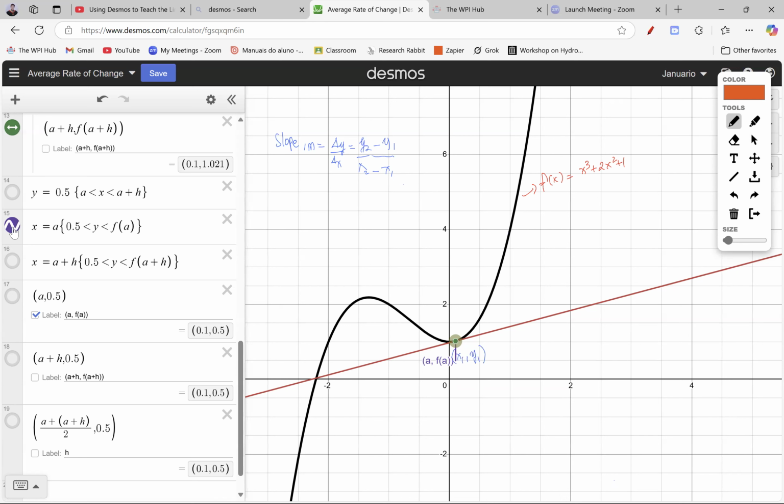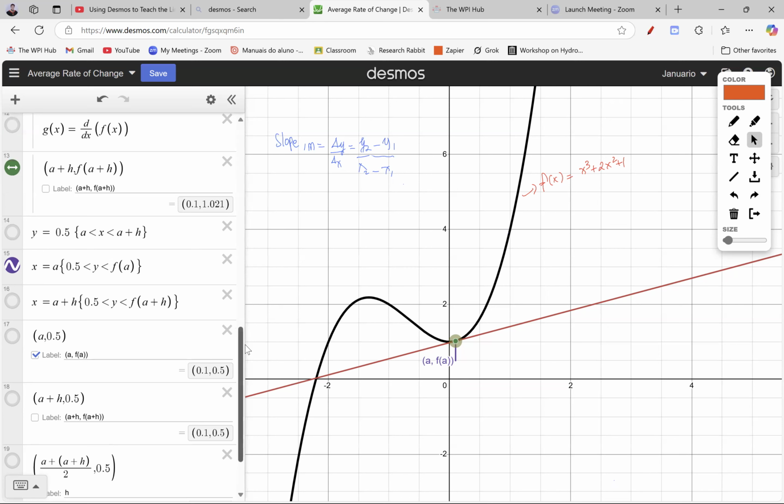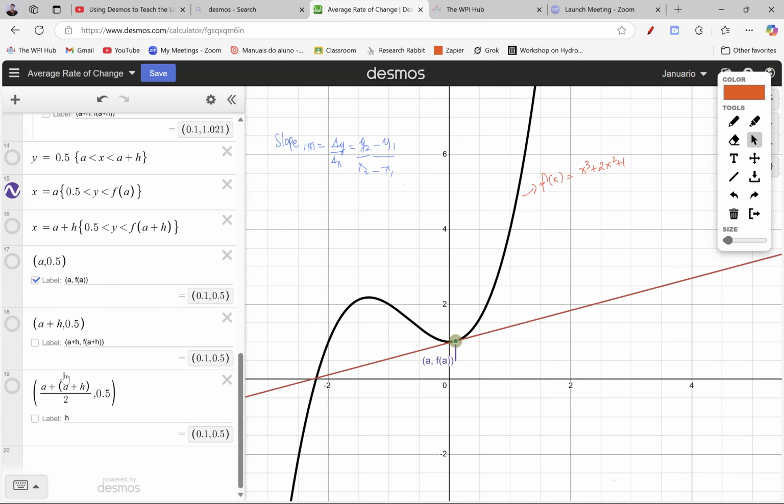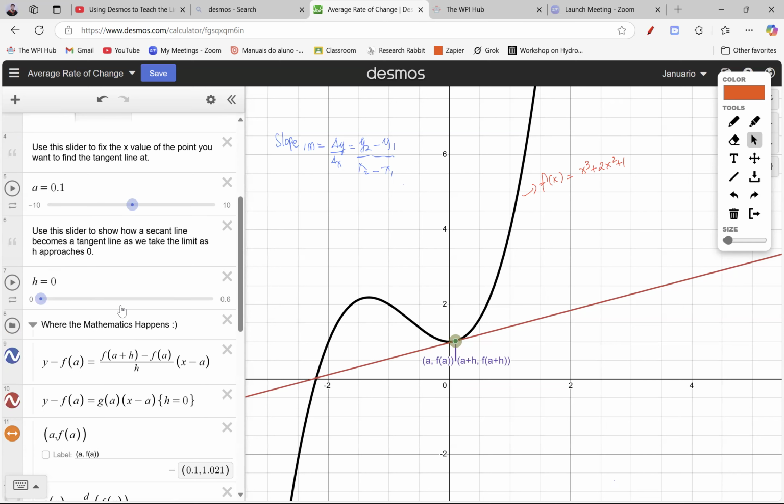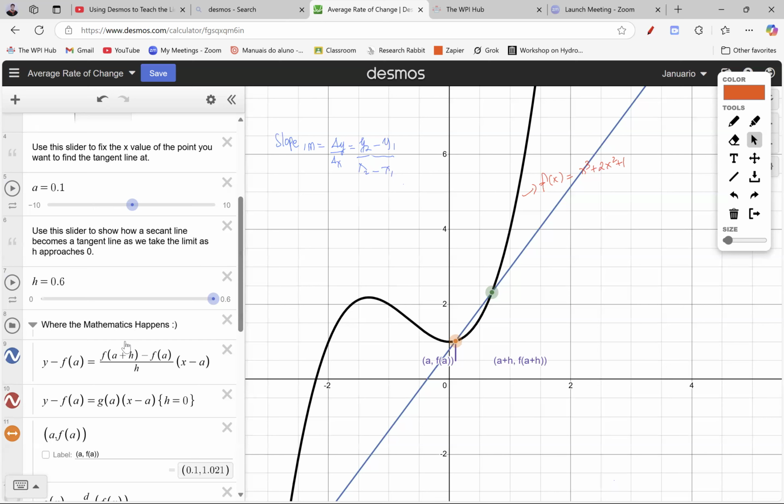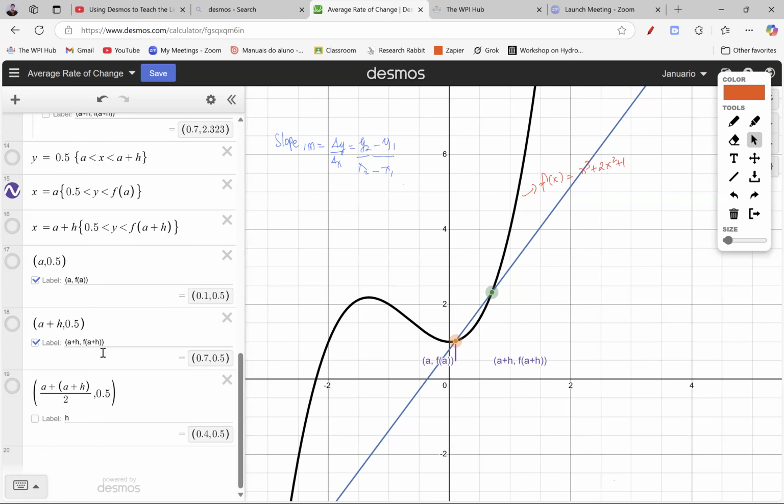In order to find the slope, you need to put another point on that function. Let's take another point over here.